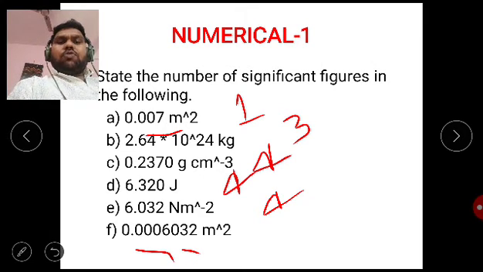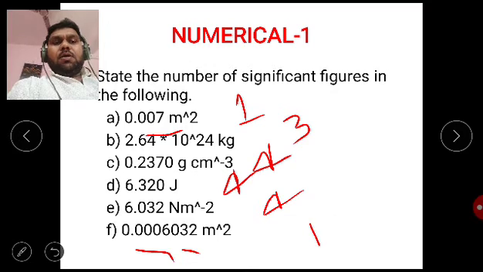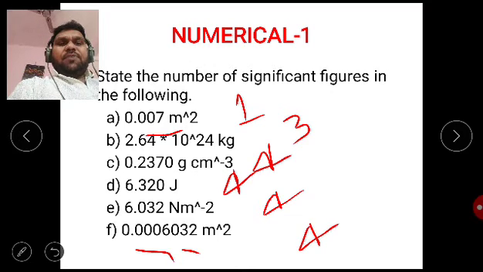So 3 zeros to the left of 6 are not significant, as we have already told in part A, but the 0 to the right of 6, between 6 and 3, will be considered as a significant figure. Why? It is lying between two non-zeros, so it will be significant. So again we will have 4 significant figures.